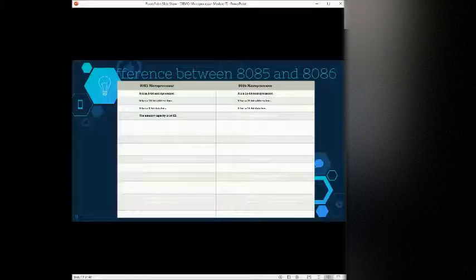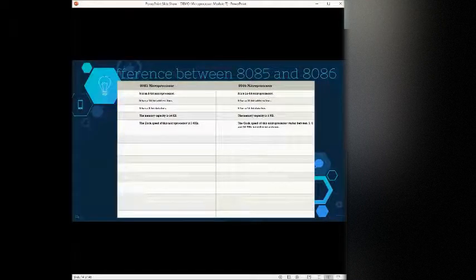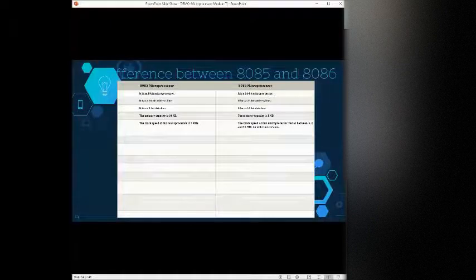The memory capacity of 8085 is only 64 kilobytes, while the memory capacity of 8086 is 1 megabyte. The clock speed of the 8085 is only 3 megahertz, while the clock speed of 8086 varies between 5, 8, and 10 megahertz. The actual versions are 8086, 8086-1, and 8086-2.